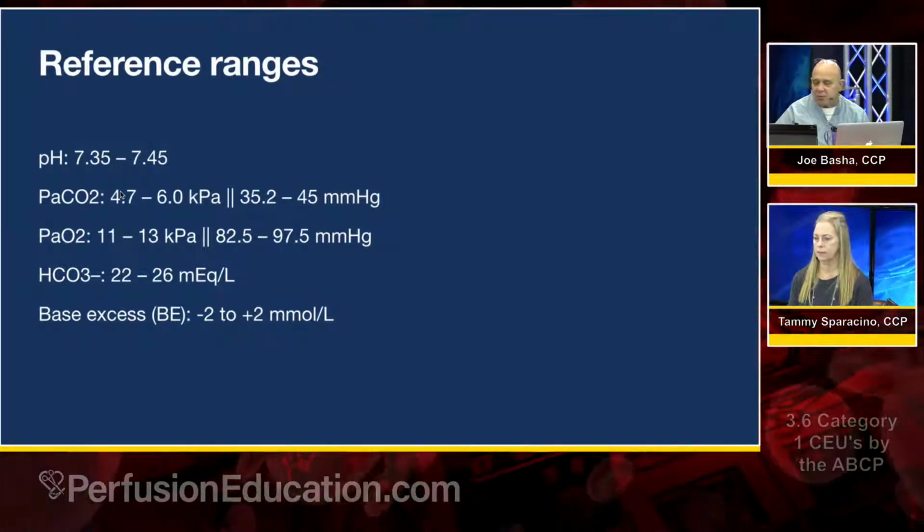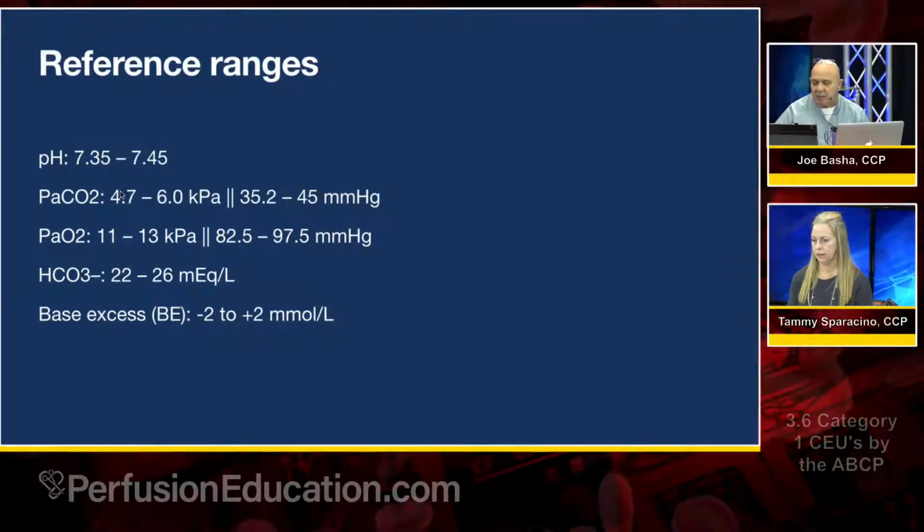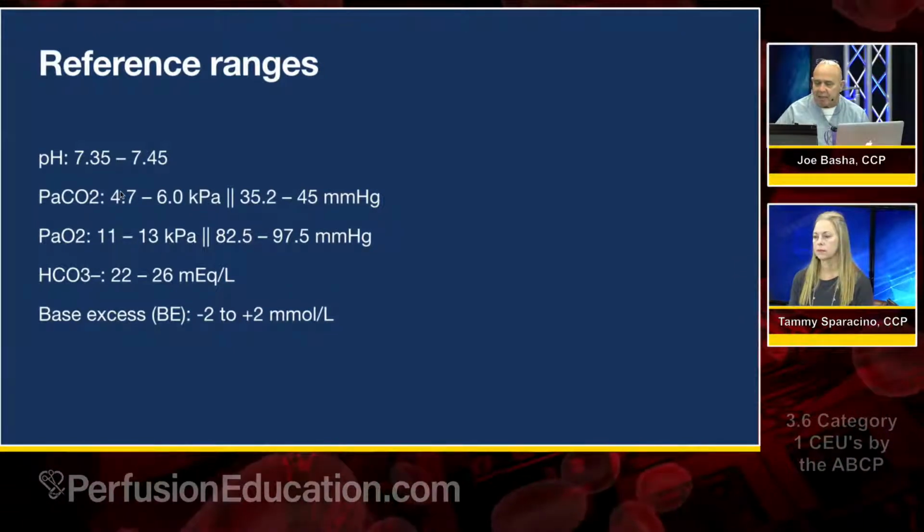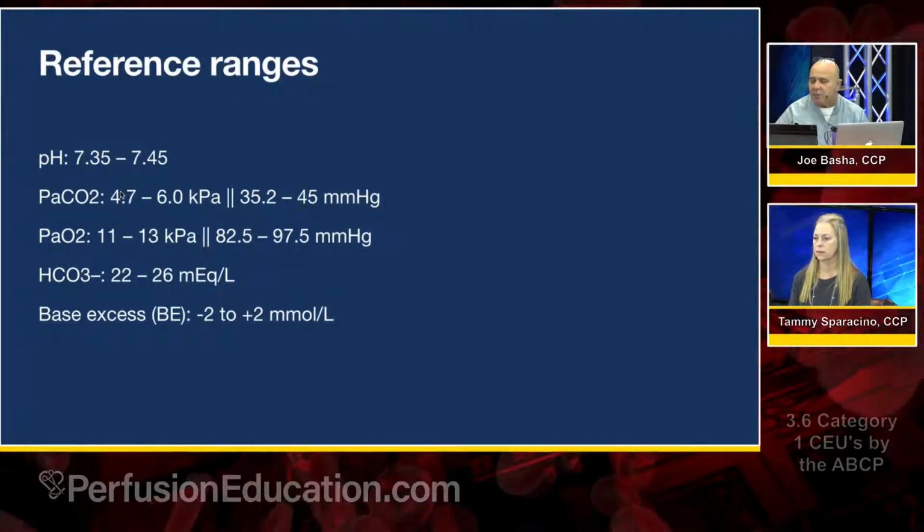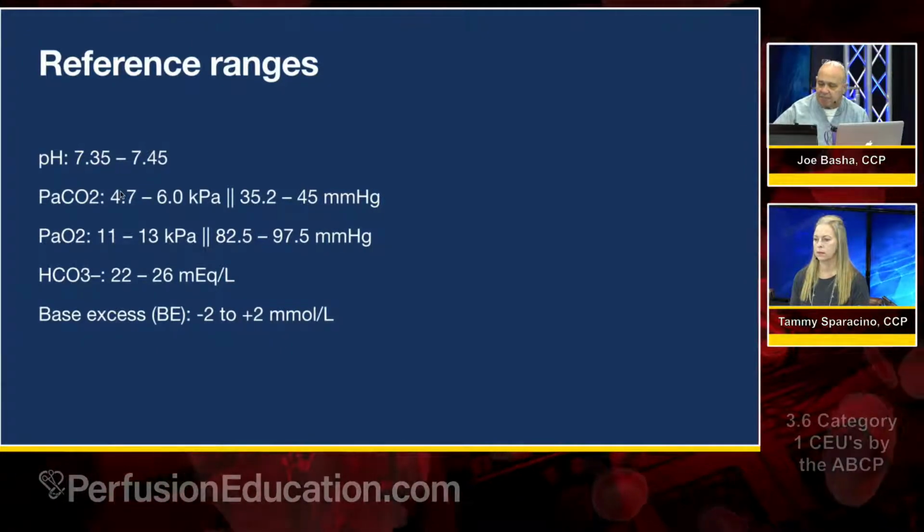Bicarb is normally between 22 and 26 milliequivalents per liter, and the base excess runs between -2 and +2 millimoles per liter.